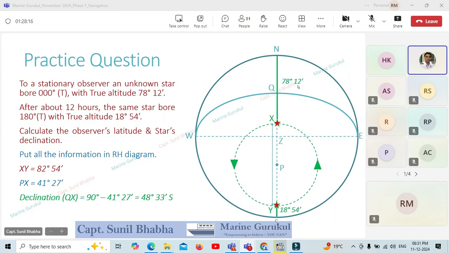If the bearing of 7812 was also south, that means this full circle will be between Z and S. Exactly, beta. If 1854 was north and 7812 was south, then it would be the north pole.